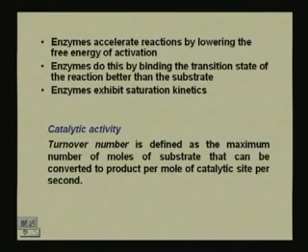What do we mean by a catalytic site? Remember, I showed you some diagrams where we had an enzyme active site. Okay. So, in that enzyme active site, there are substrates that bind to the enzyme active catalytic site, and they convert the substrate into product.